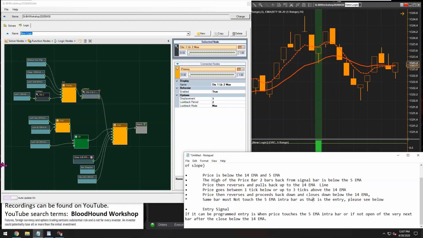Looks like Tony is good to go. Tony says he probably will lose the 5 EMA rule.